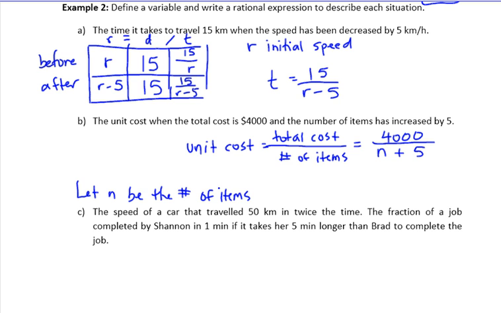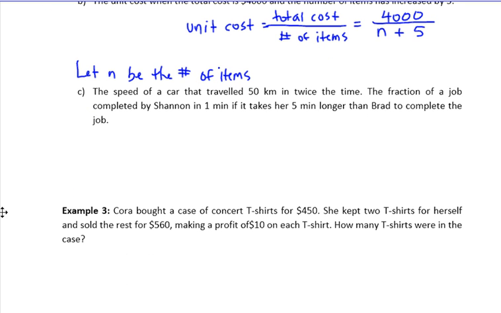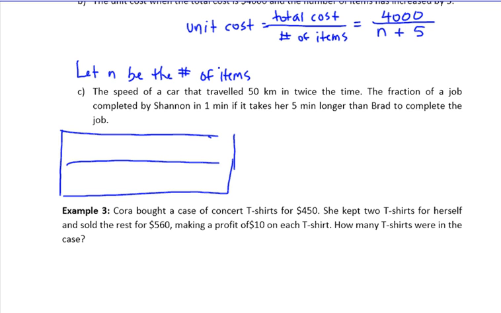Okay, so these B questions, it might be helpful for you to make a chart. Rate equals distance over time. This time they want the speed of a car, so that's where we're going to use the formula. That traveled 50 kilometers, so we know before and after is both 50, that's our distance, in twice the time.